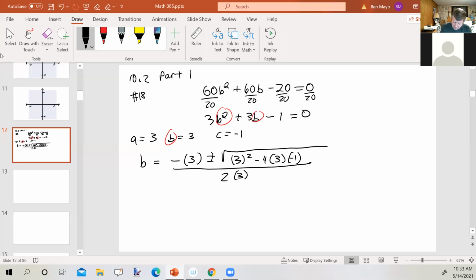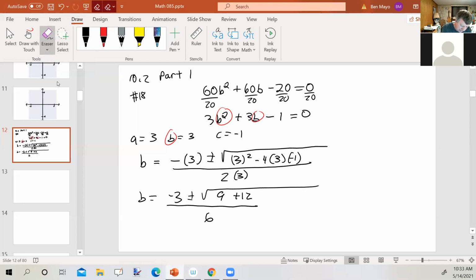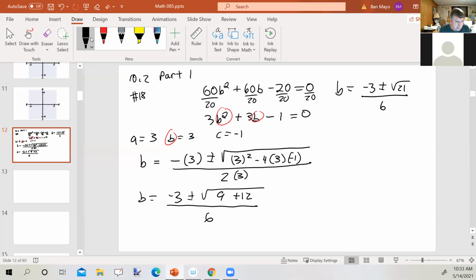All right, so simplifying further, we get b equals -3 plus or minus the square root of 3 squared, which is 9, minus 4 times 3 is minus 12 times -1 would be plus 12 all over 6. Okay. So now we've got b equals -3 plus or minus the square root of 21 all over 6. Okay.